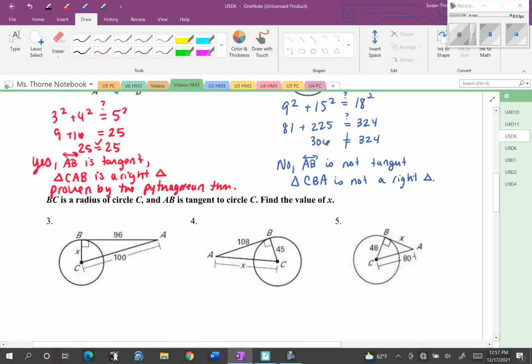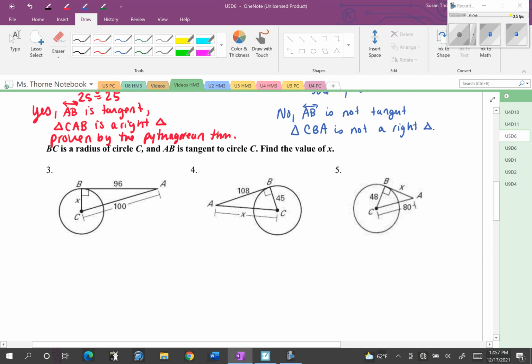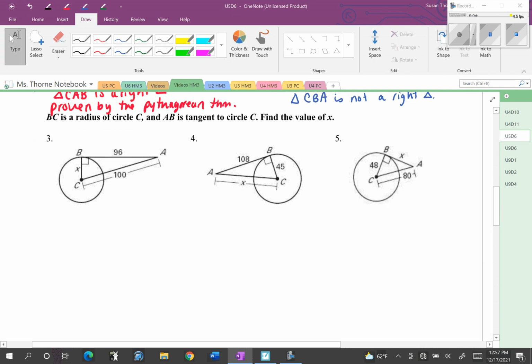All right, so let's look at these examples. So these examples say BC is a radius of the circle C, and AB is tangent to circle C. So we want to find the value of x. So now they're telling us that it is a tangent and a radius. And so we're going to find x. And of course, to do that, we're just using the Pythagorean theorem.